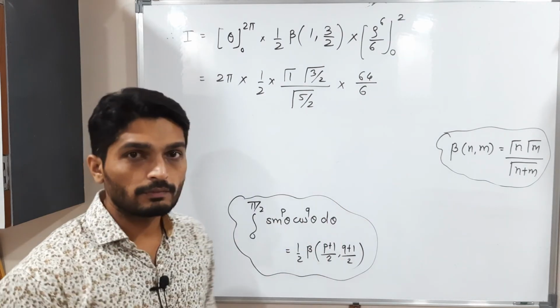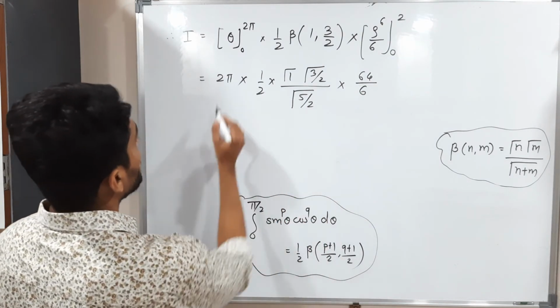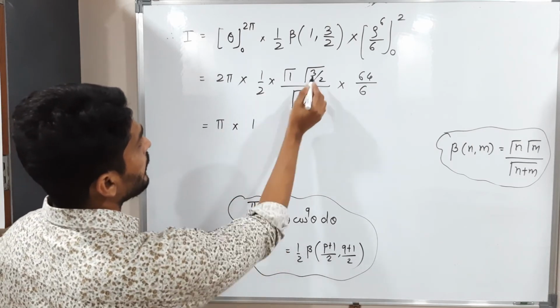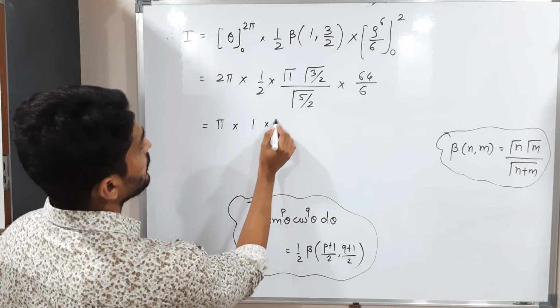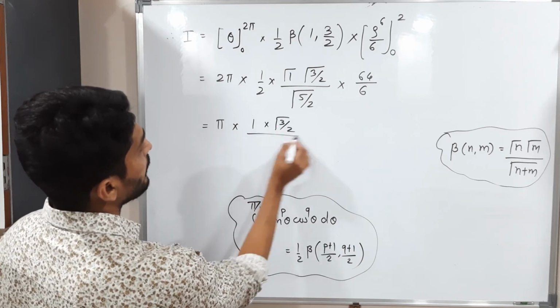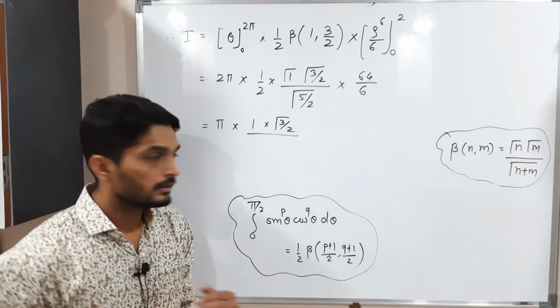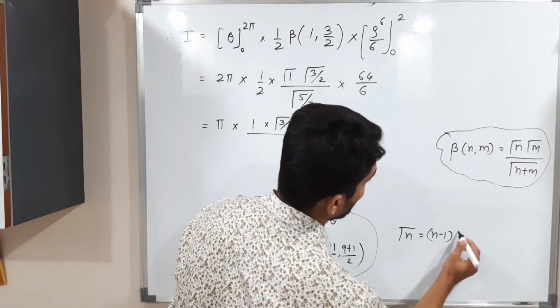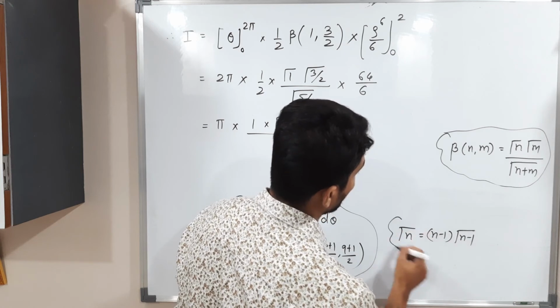If I put 0, we will have 0. See, 2 will get cancelled, pi, okay. Gamma 1 is 1, gamma 3 by 2, gamma 3 by 2. So you know that gamma 5 by 2, that means you can write, see, there is a formula, gamma n is equal to n minus 1 gamma n minus 1.